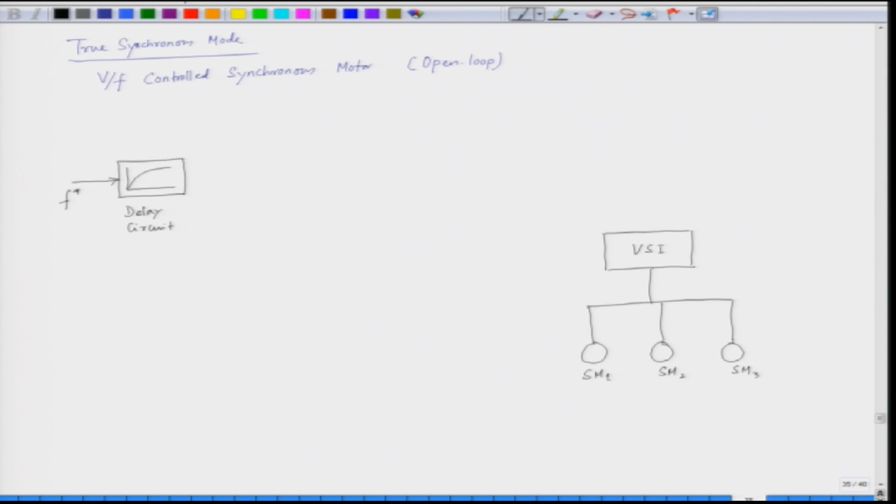The stator is fed from the VSI, it is a 3-phase system. So, each one is a 3-phase system here. And the DC link is fed from a controlled rectifier. So, we have a DC link here, we have a DC link filter to filter out the ripples and the input is a 3-phase AC.